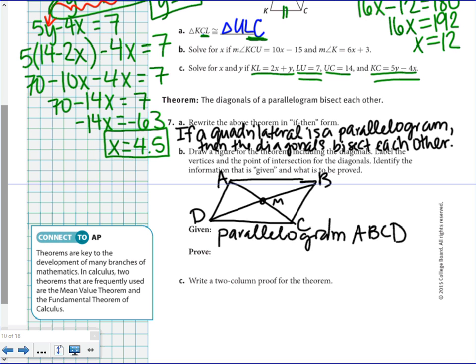So we're given parallelogram ABCD, and we are going to prove that the diagonals bisect each other. So in my figure, my diagonals are AC and BD.